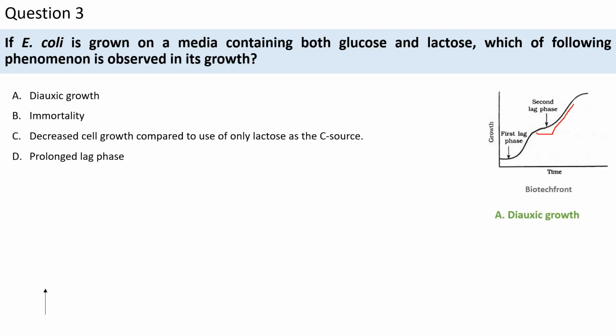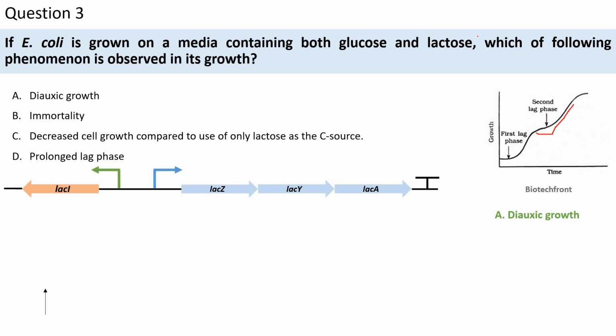But there is one more molecular mechanism that happens along with this that I wanted to explain to you. So this is the LAC-I promoter, the inhibitor gene, whereas LAC-Z, LAC-Y and LAC-A are the genes involved in the metabolism of lactose. When glucose and lactose are both present in the media, and the glucose concentration is high, the cAMP concentration will be very low.